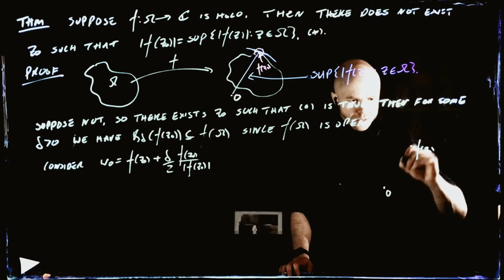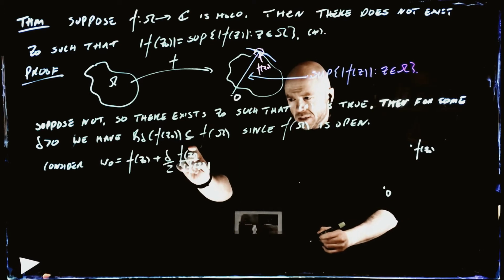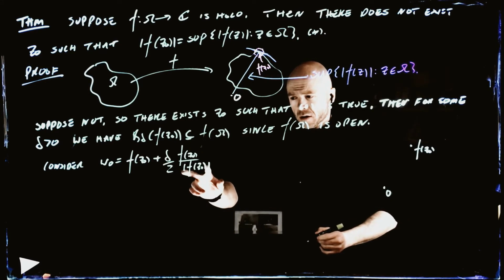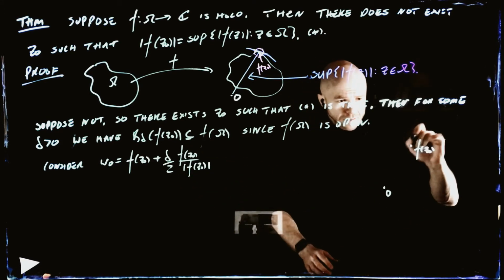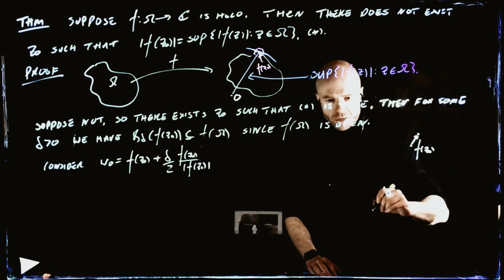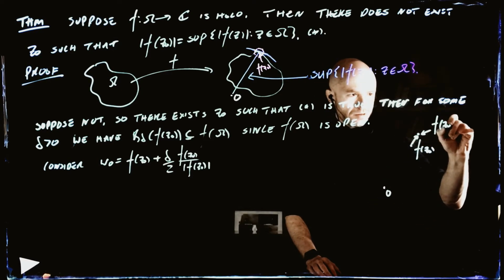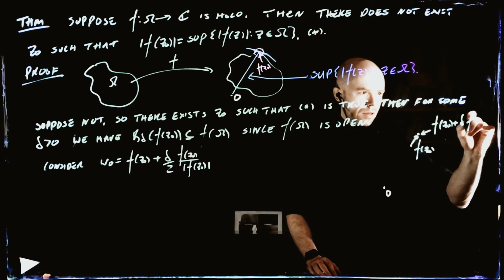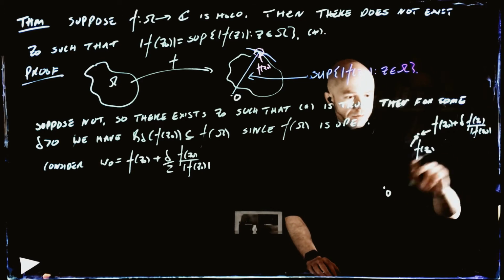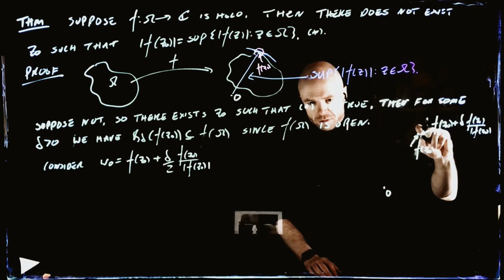So I'm taking the direction f of z0 over absolute value f of z0, the unit vector in this direction, and I'm moving forward up to here. So this point right here is for sure further away from 0 than f of z0, because I've moved in the same direction.